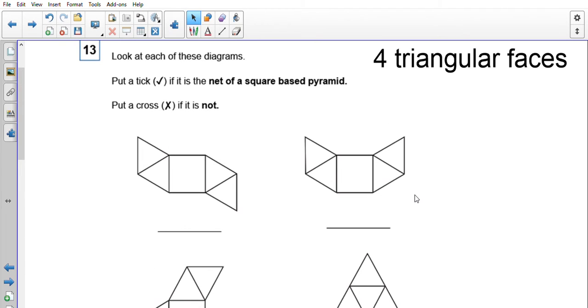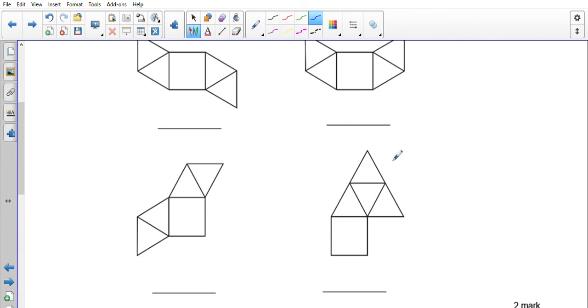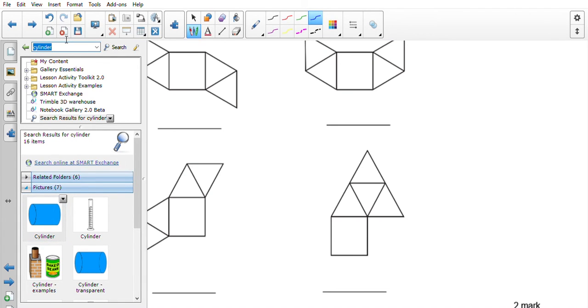Okay, so then it becomes a visualization task, and what we're going to be looking for here is mostly the shapes where there's going to be an overlap. However, if I come down to this one, if you think about a triangular pyramid, a square-based pyramid, let me pull one out here.